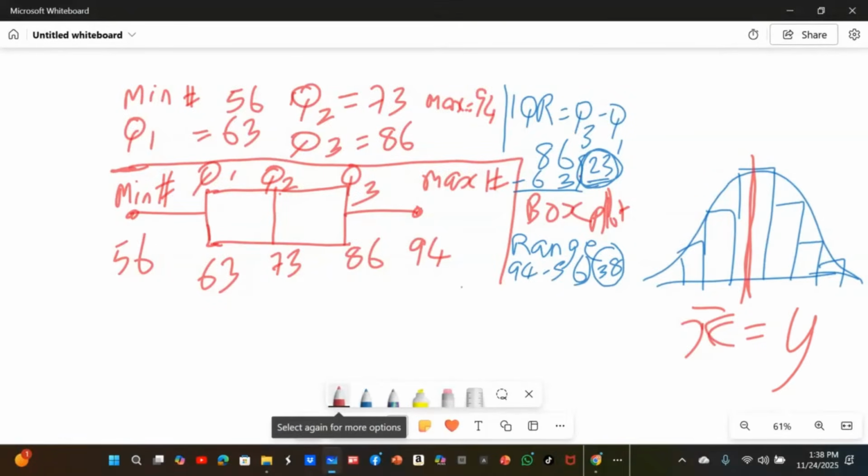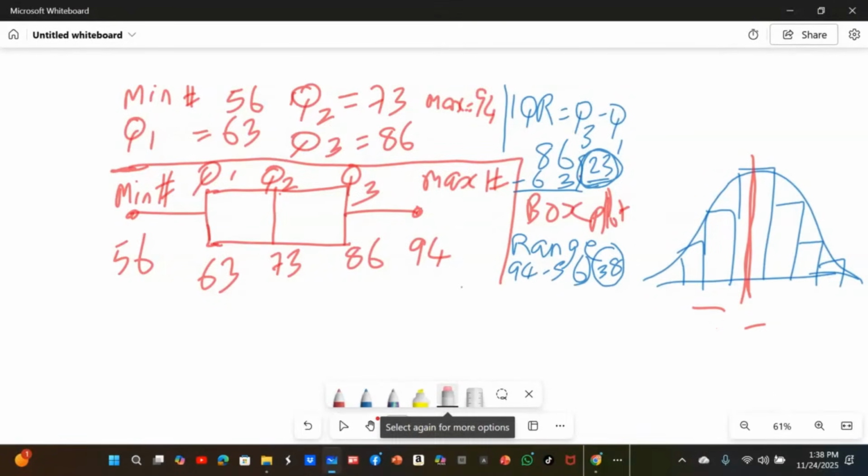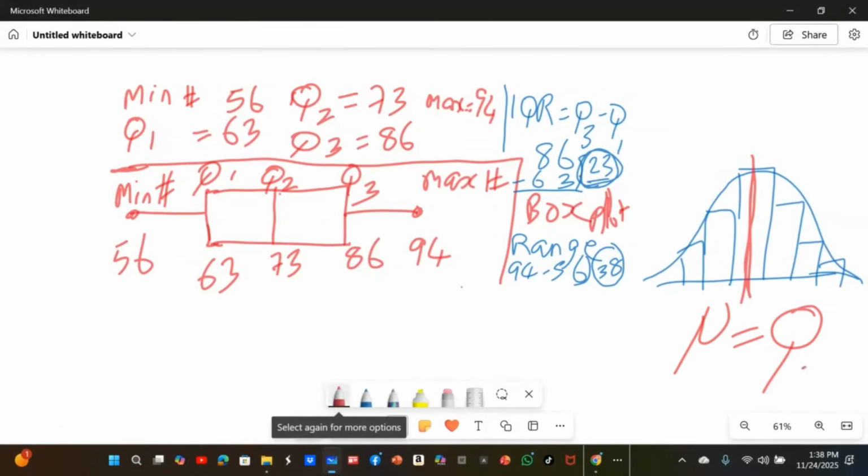If a data is approximately normal, the mean is equal to the median. Well, we say approximately. I can say mu is equal to the median. Let's call median Q2. So whenever a data is approximately normal, the mean is equal to the median. So we call this one approximately normal.